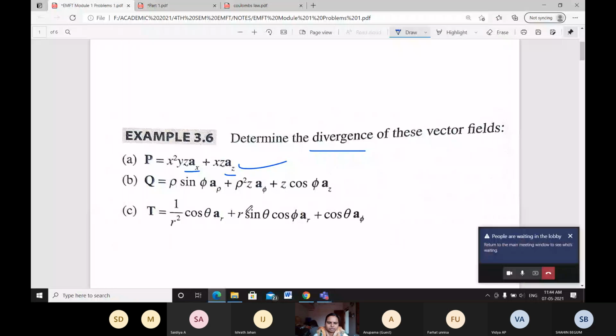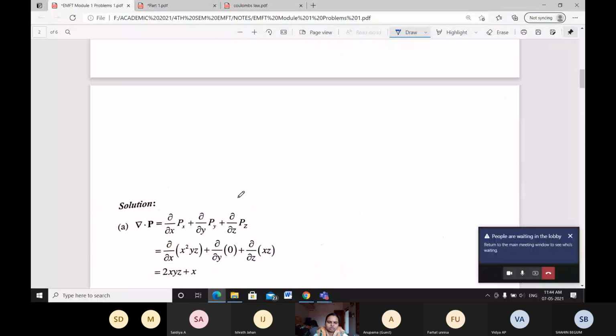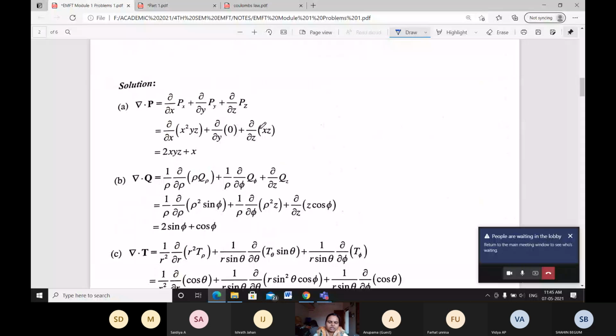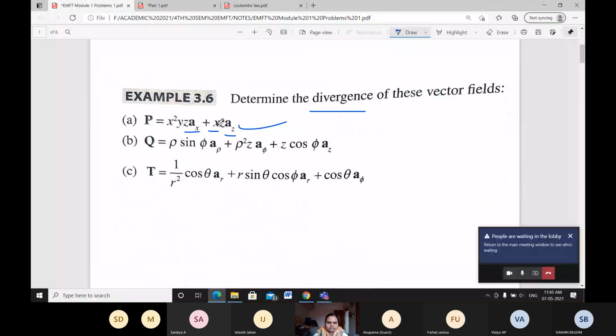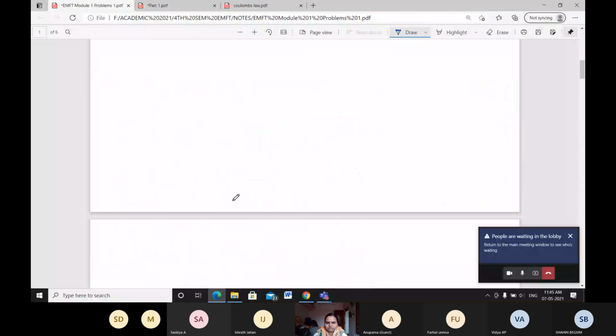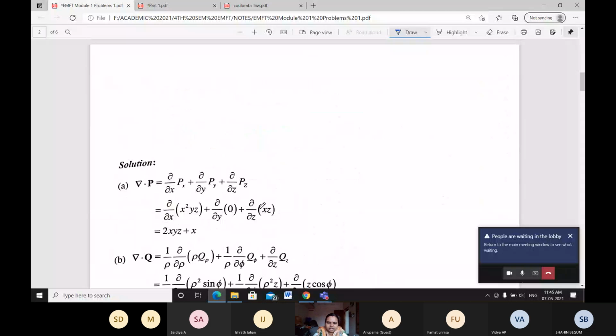Here the y term is not given for us, so it will be 0, ∂/∂y of 0, plus the z term is xz, that is ∂/∂z of xz.